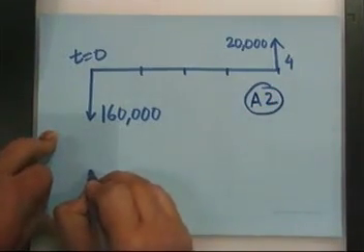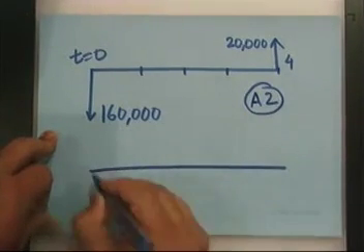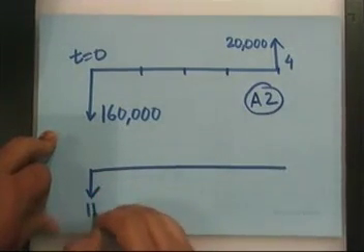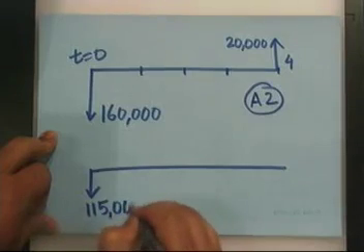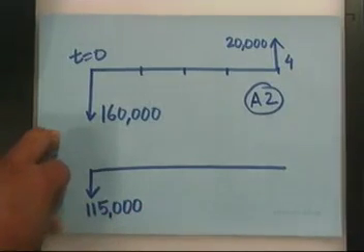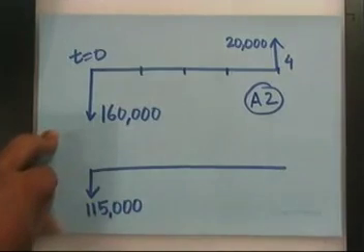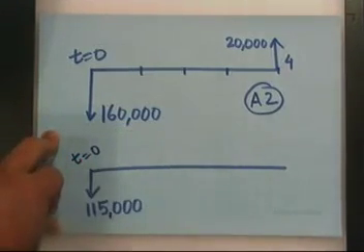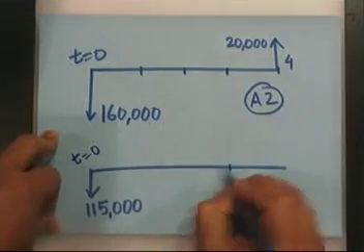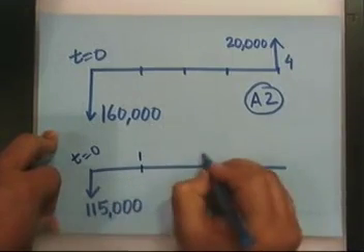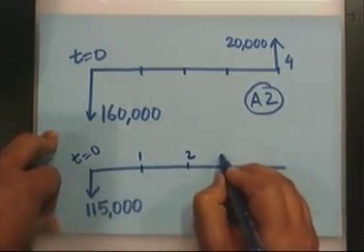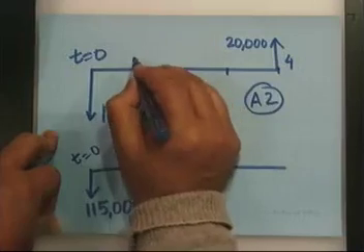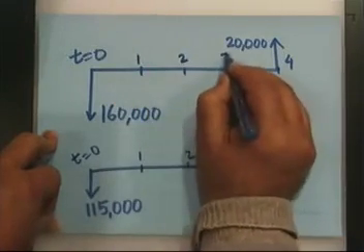Now when it comes to A1, it is like this. It has 115,000. Why? Because it costs 45,000 less at the beginning. So at t equal to 0, you have 115,000. Its life is only 3 years, year 1, 2 and 3. Here we had 4 years, 1, 2, 3, 4.